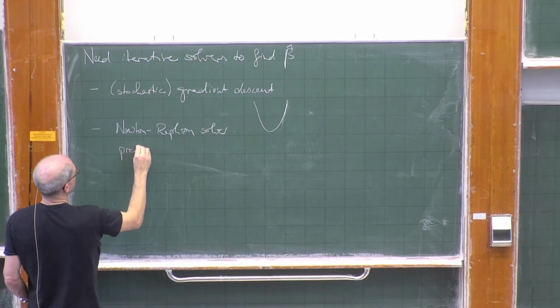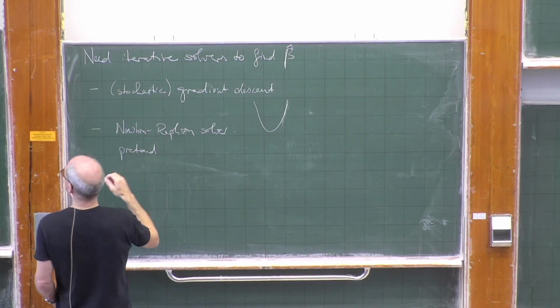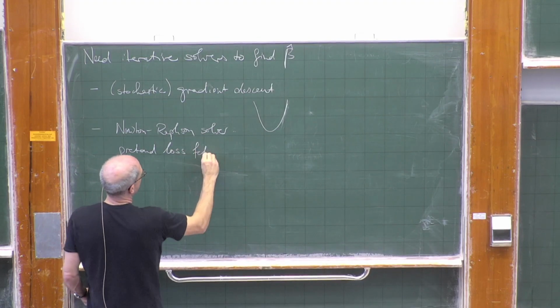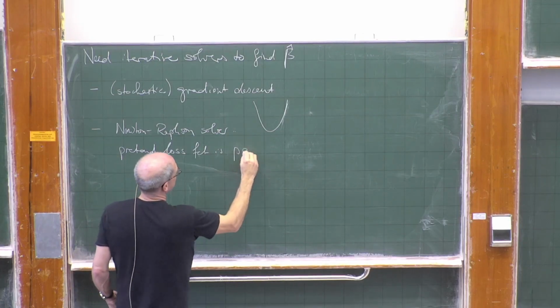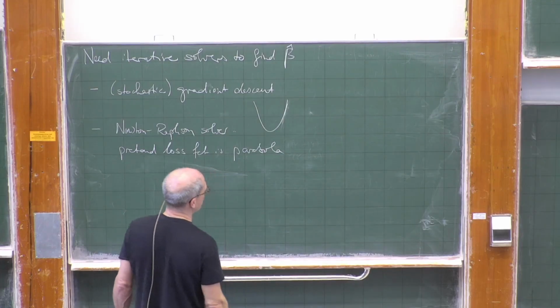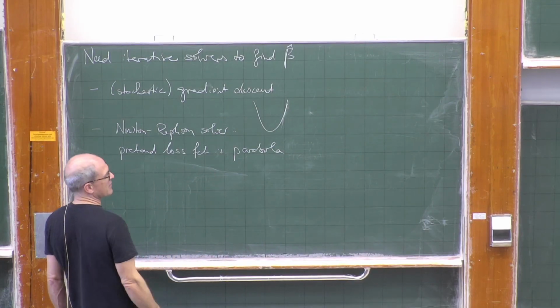So we pretend that this loss function is a parabola and then iterate.